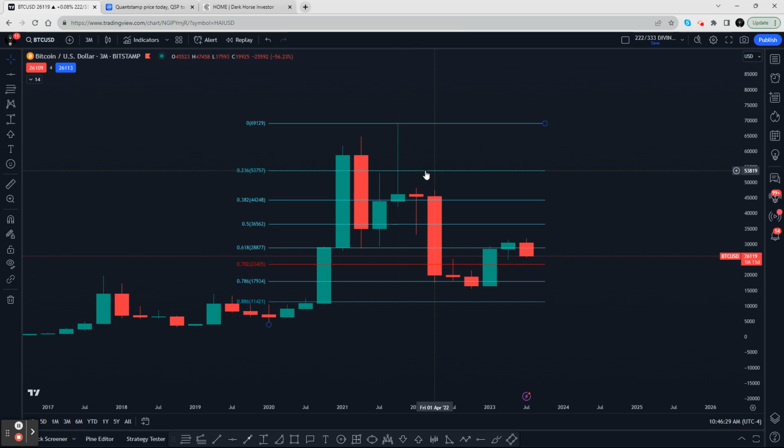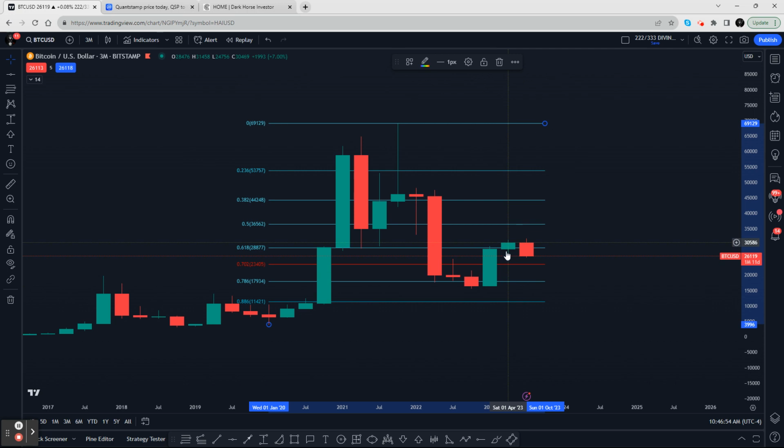Now I have to go back and look. There's a possibility that we did come back above the 23% because we're in a 3 month, so that could have been another monthly. I may drop down to a lower time frame and see if we got that. However, we know we still want to come to the 61. We get there, we crush through it, and then we hit up to 78. We dip a little bit below there, but we held this area.